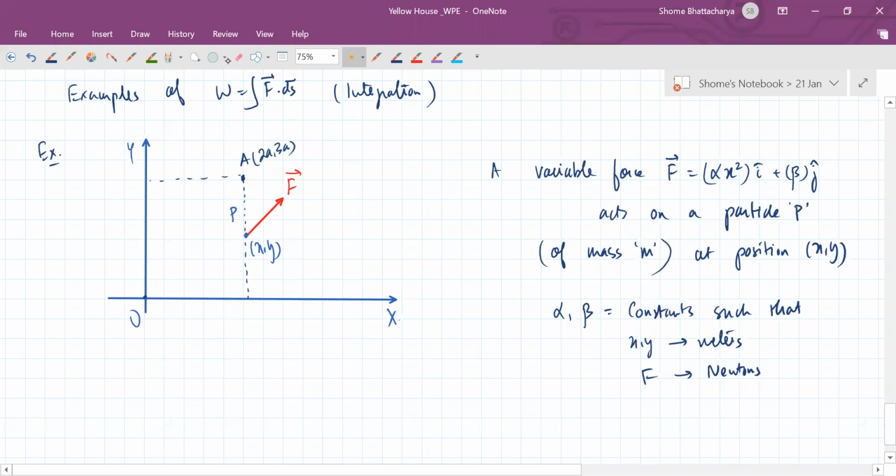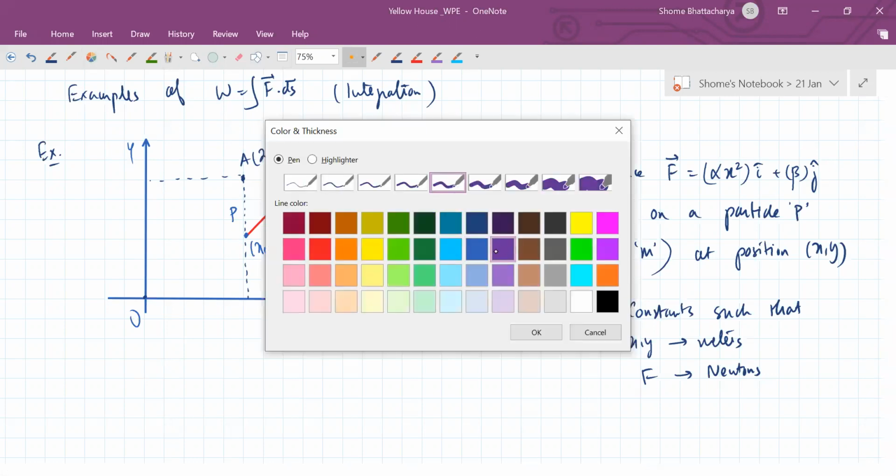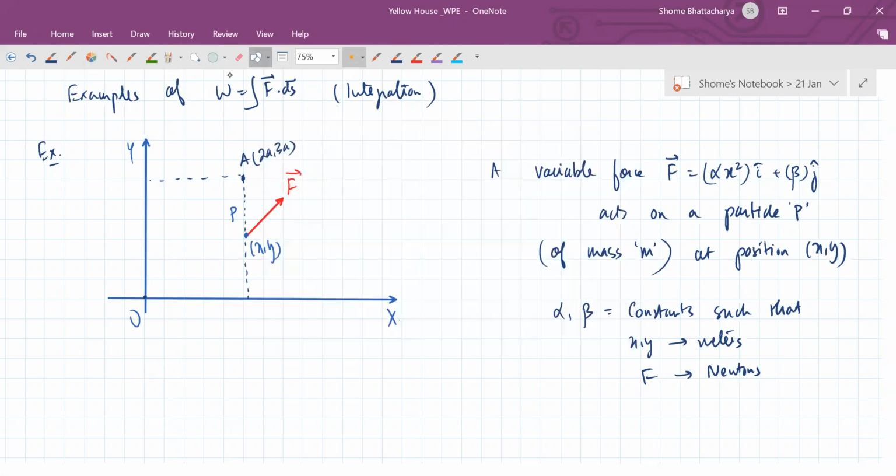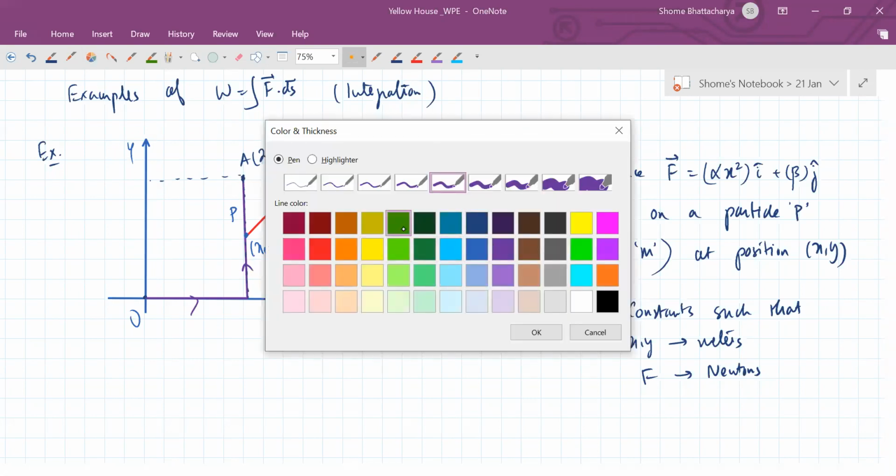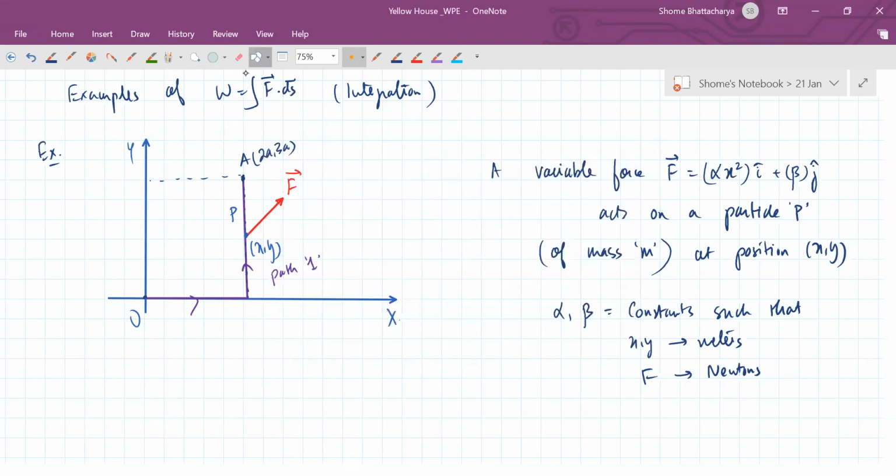The particle can make the displacement either by a specific path like this. Okay, so this is the first path. Or it can alternately make the displacement by a second path which is like this.